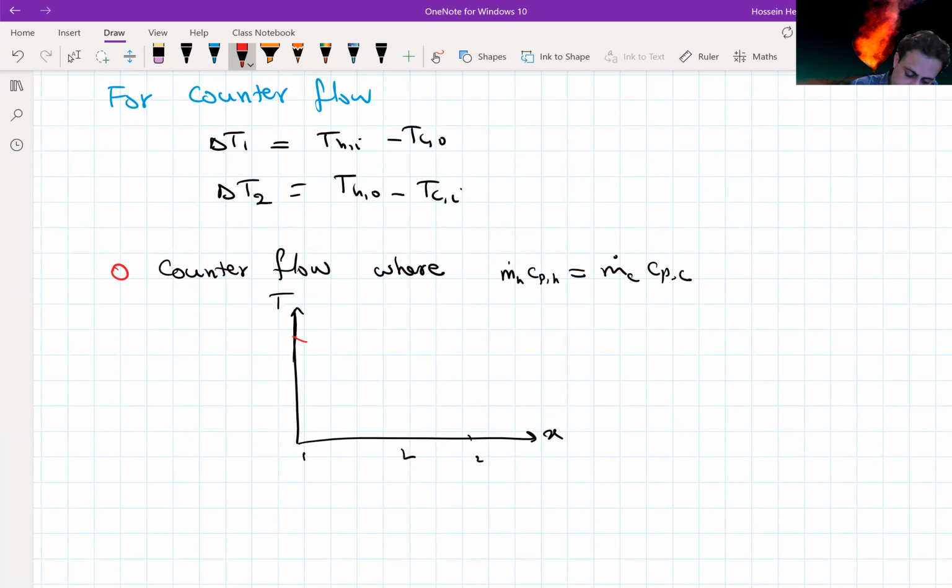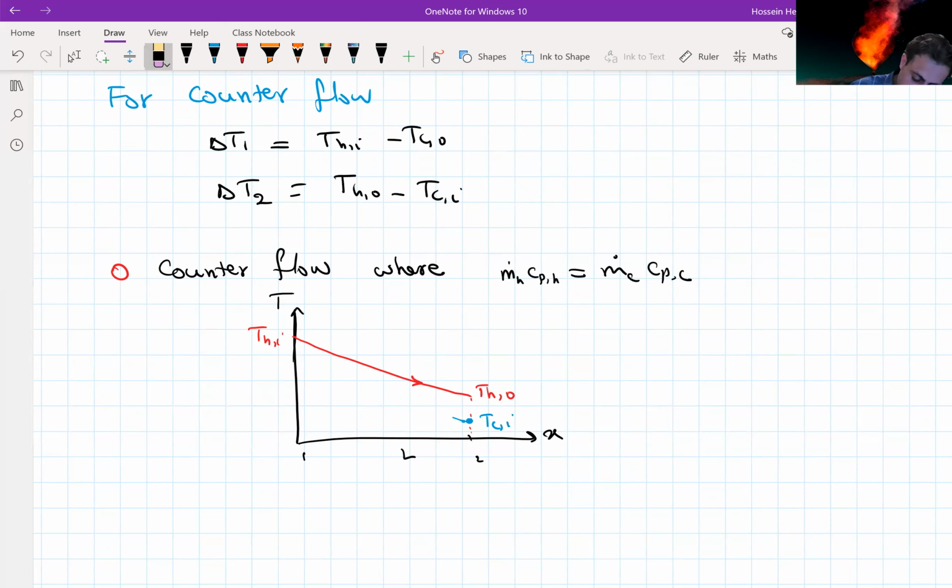So let's say this is the hot stream, THI, THO. Now, the cold stream entering at TCI, the delta T across that is going to be exactly the same.